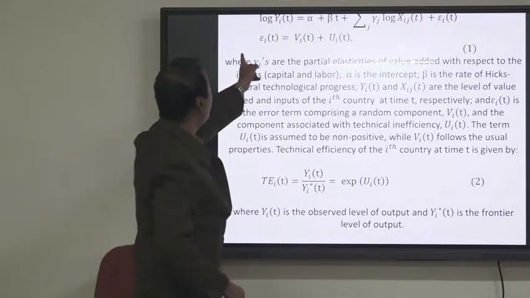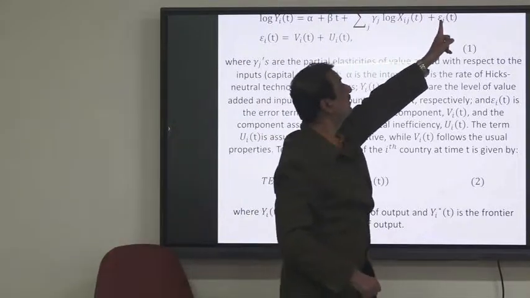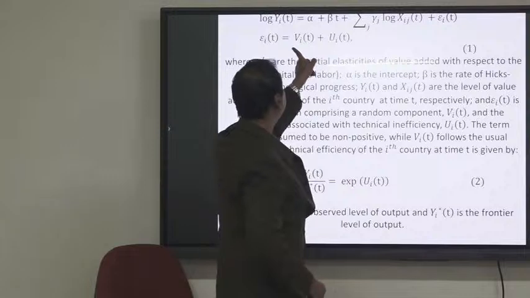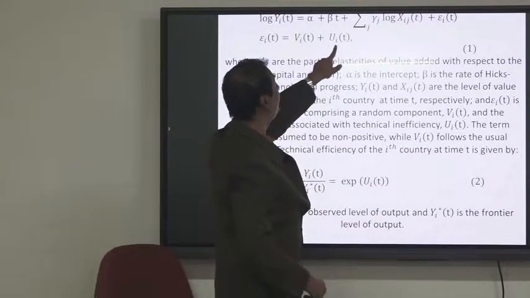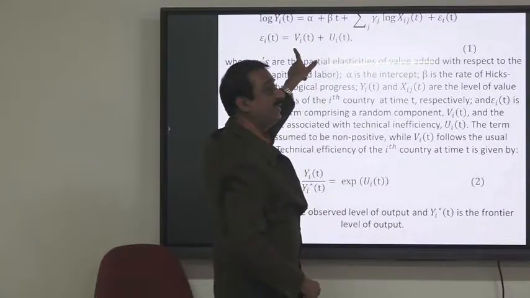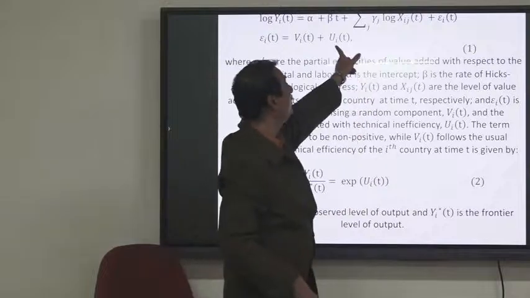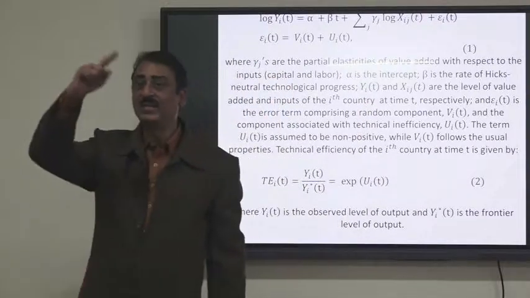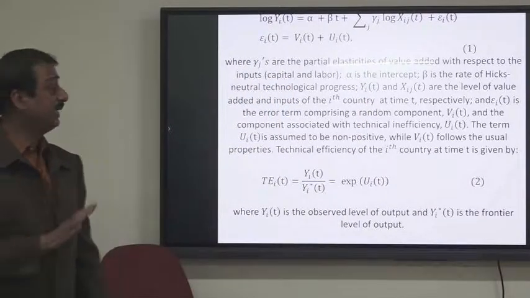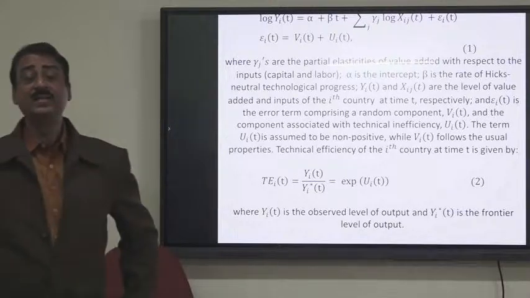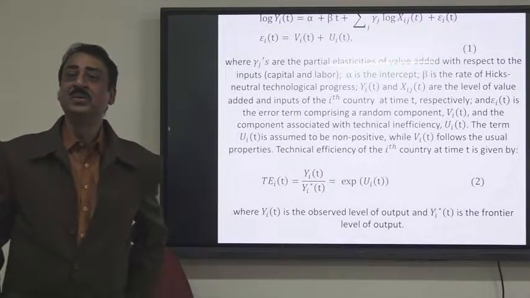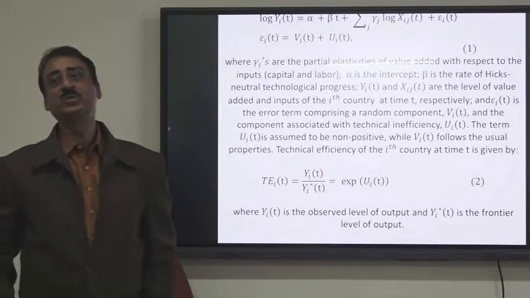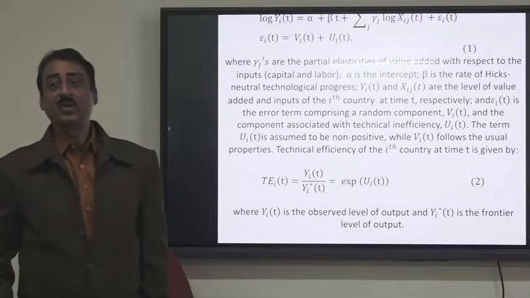And then you are imagining that this aggregate error term is basically composed of two error terms: V, the normal distribution, and U, which follows a one-sided distribution. But the interesting point in panel data is that you don't have to specify a certain distributional property for U. In cross section, what happened?